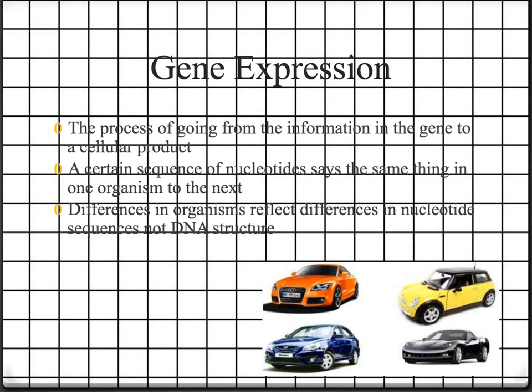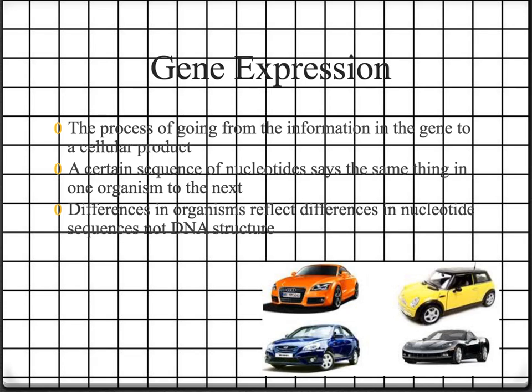Now, when we see similarities throughout all different species, we know that there is a certain sequence of nucleotides, like A, A, G, G, C, T, C, that would code for the same thing in one organism to the next, whether you're a mouse, a jellyfish, or a plant. There is something that creates a cell membrane.